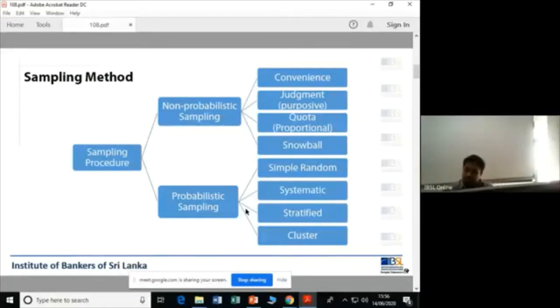But on the other side, non-probabilistic means there won't be any random selection, but educated selections. It's very important to understand. Educated or intentional selections come under the non-probabilistic sampling area.